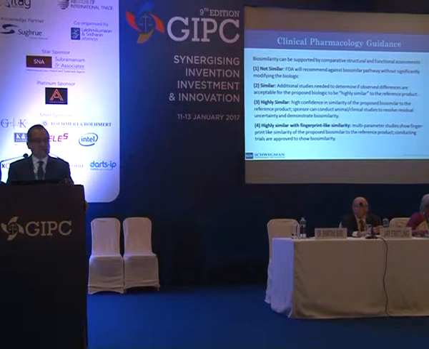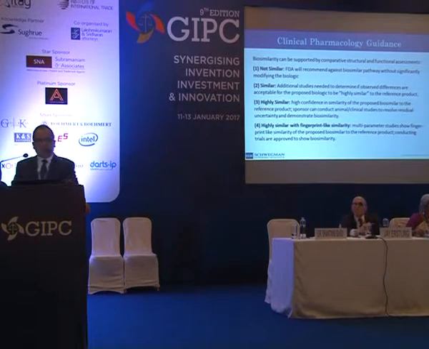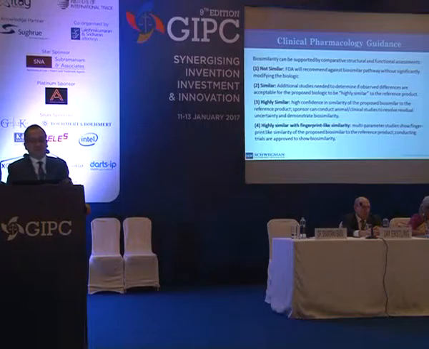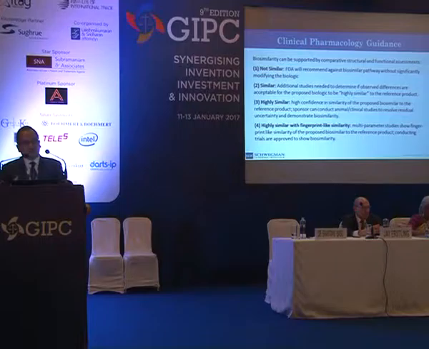Now, how do you decide what's a biosimilar and what's an interchangeable? There are 4 categories that have been defined according to clinical pharmacology guidance provided by the FDA. The first one is not similar, and not similar is not similar. You cannot enter the biosimilar pathway. Similar means there are differences, but if the differences are not significant enough in terms of efficacy, function and safety, then additional studies or modifications can be suggested by the FDA to reach the biosimilar level.